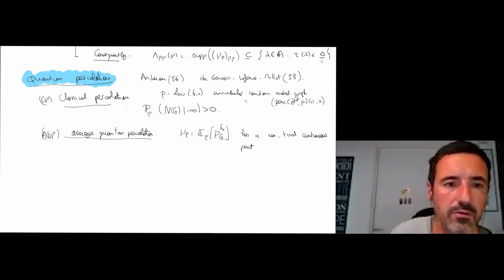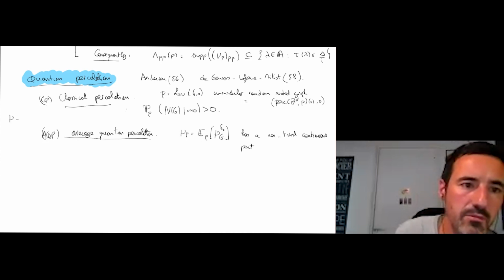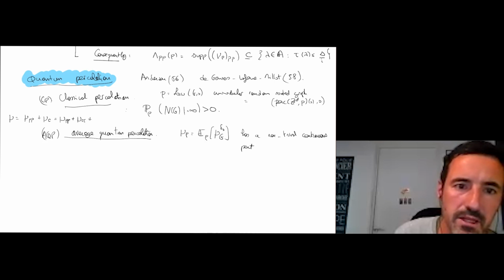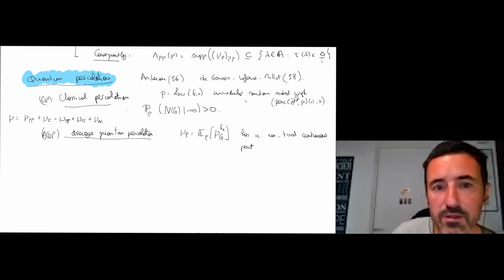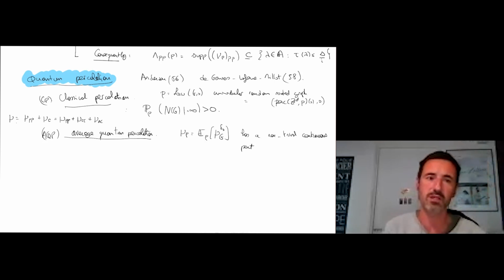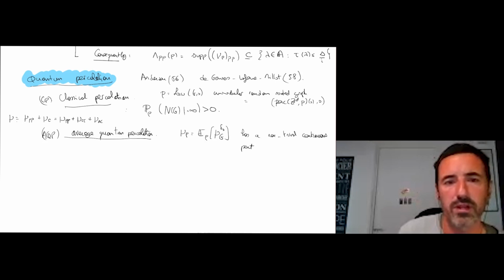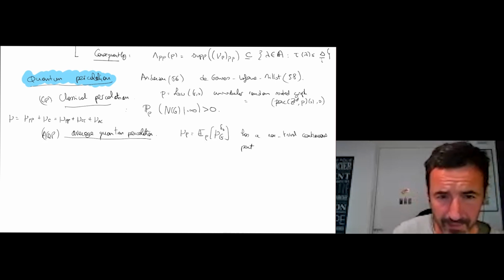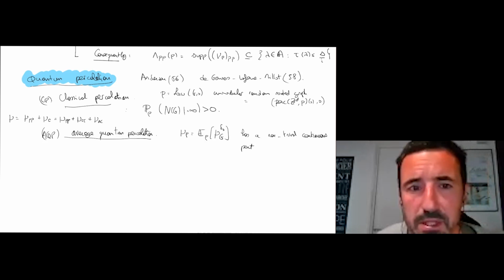I recall that if you have any measure mu on R, you can decompose it as a pure point part plus a continuous part, which you can further decompose into a singular continuous part plus an absolutely continuous part, where the absolutely continuous part is the part of the measure which has a density with respect to the Lebesgue measure. So it's the Radon-Nikodym derivative of the measure with respect to the Lebesgue measure.